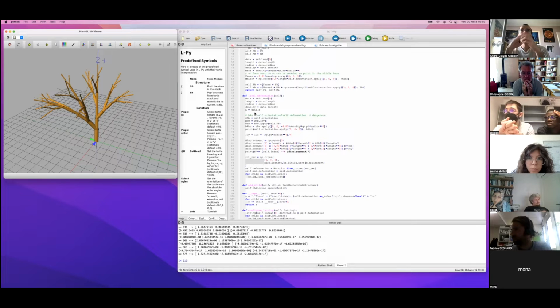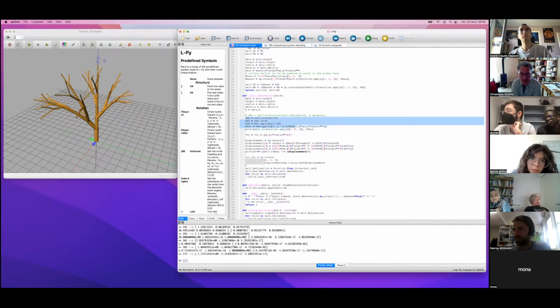So for deformation computation, I used beam theory, because I figured branches were good enough beams. But for that, I did have to get into the local frame.